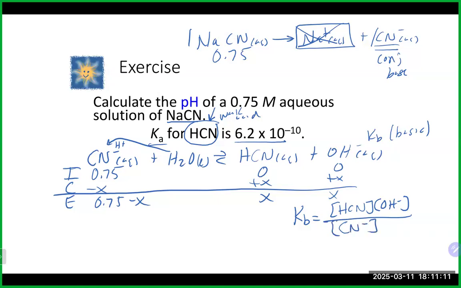We do need to calculate our Kb value. So our Kb value in this case is going to be our Kw, which is 1 times 10 to the minus 14, divided by 6.2 times 10 to the minus 10.